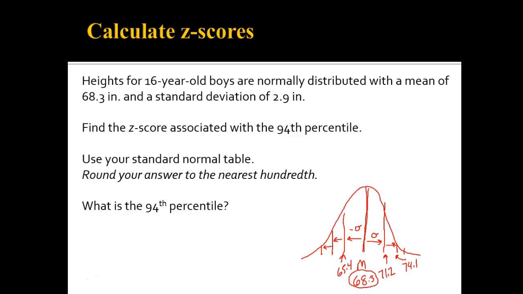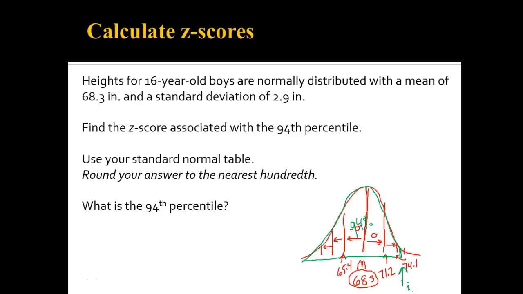And so to do that, I need to find a connection between the area that is 94%, and it's going to be a big area here. Most of this is going to be covered in 94%. I'm just going to pretend it's right there, but I don't really know what it is. So if all of that is 94% of the data, what number is this right there?